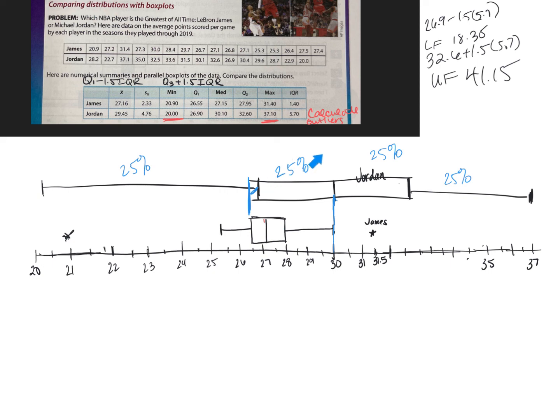So when we're comparing, it's important to look at those different measures and make statements about 50% of the time, 25% of the time, Jordan was better than James's outlier. Okay? So those are things we want to talk about when we're comparing box plots.